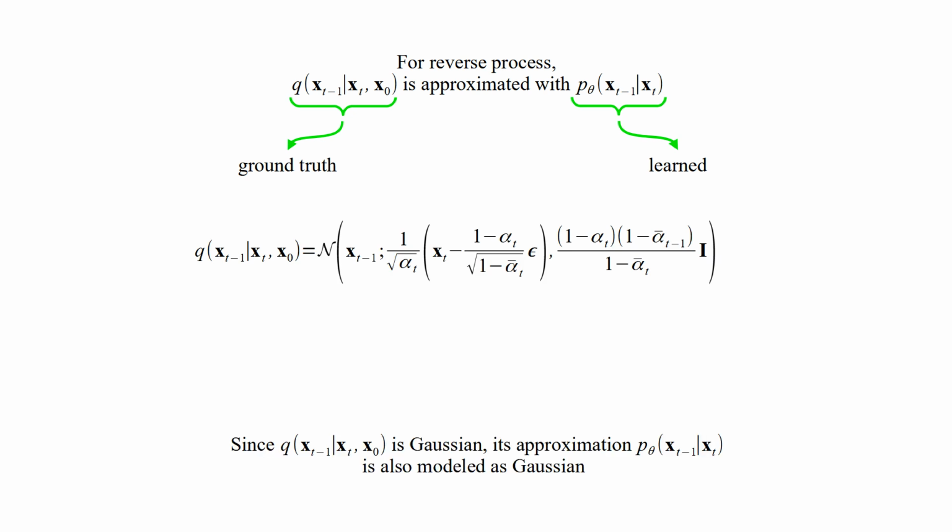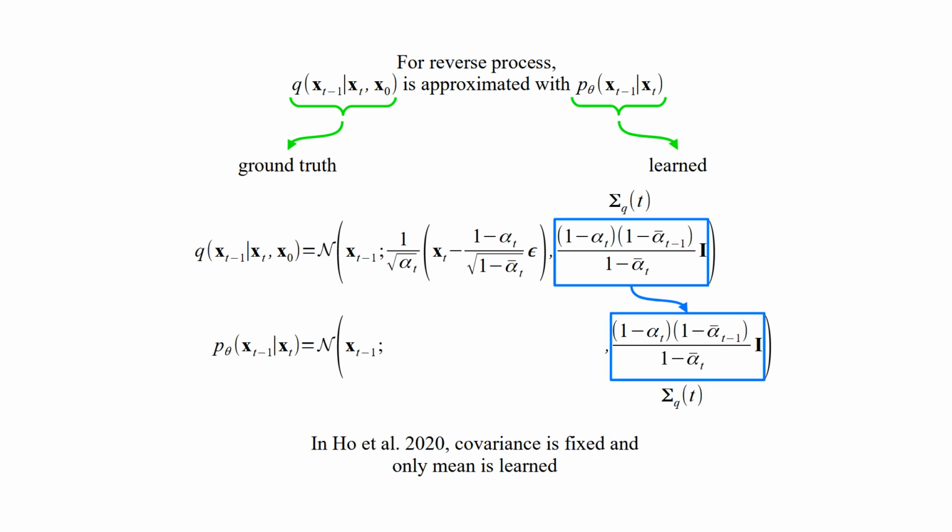Since reference is Gaussian, its approximation is also modeled as Gaussian. In the DPM paper, covariance is fixed and only mean is learned.